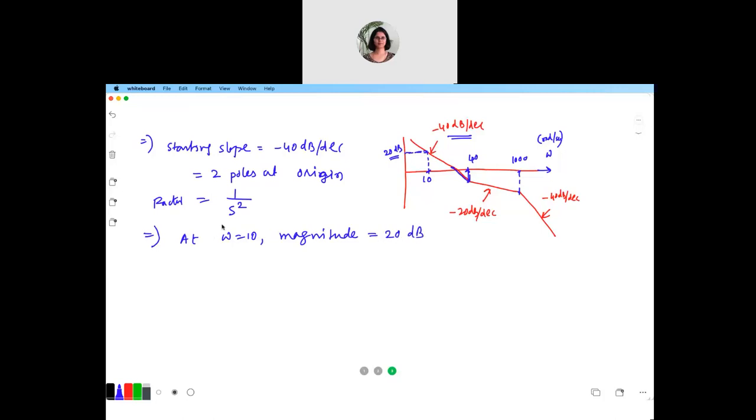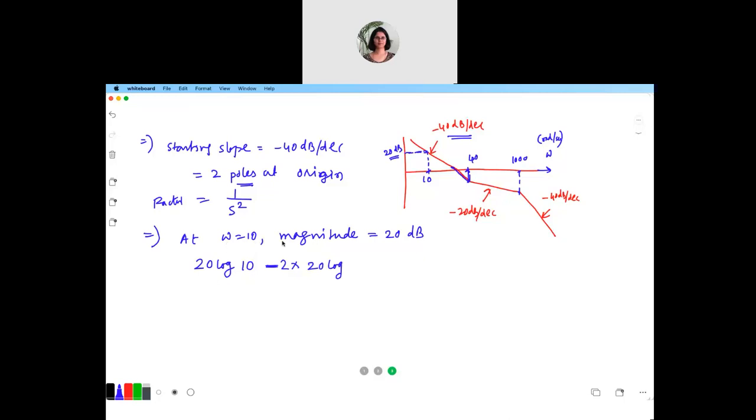How do I calculate magnitude at omega equal to 10? I calculate it as 20 log k, then minus of how many poles are there at origin? 2 poles are there at origin. Because it is a pole, it is a minus sign. How many? 2. So 2 multiplied by 20 log, at which frequency do you know the value?